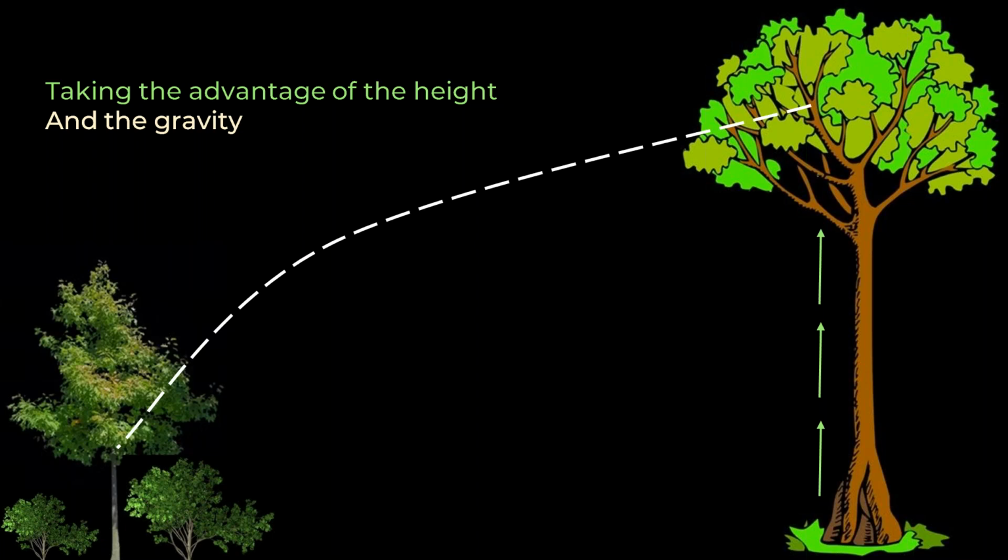That is how they do it. But in different species, the exact area of the body has to be twisted or turned to make them land in their preferred places.